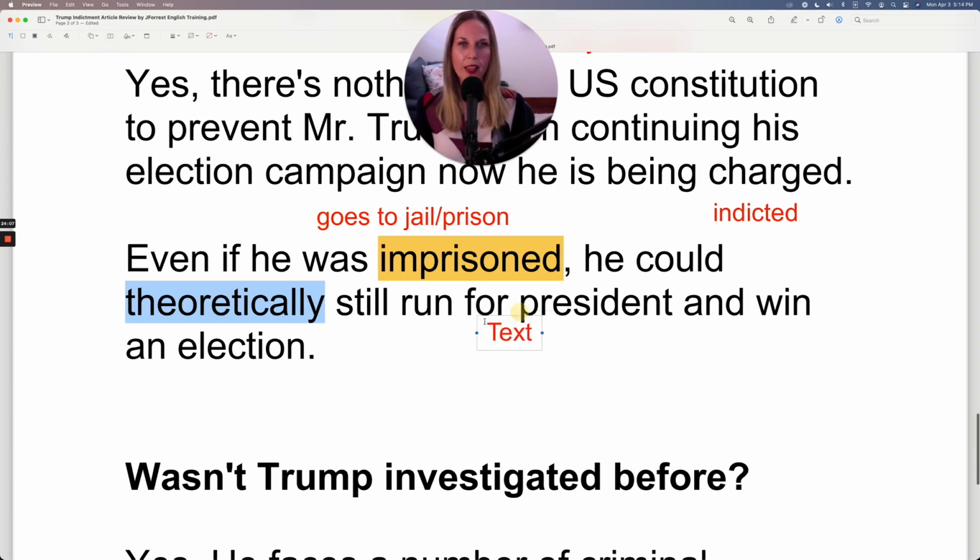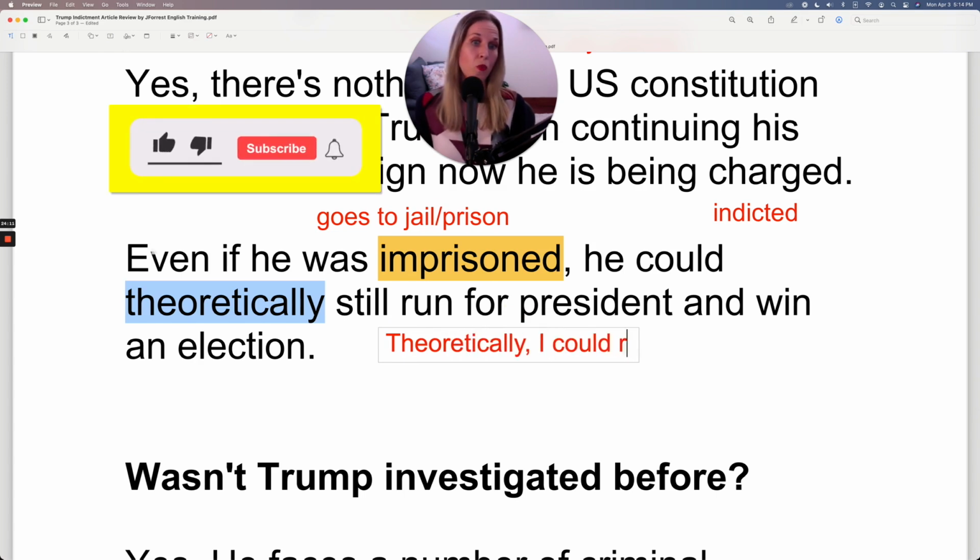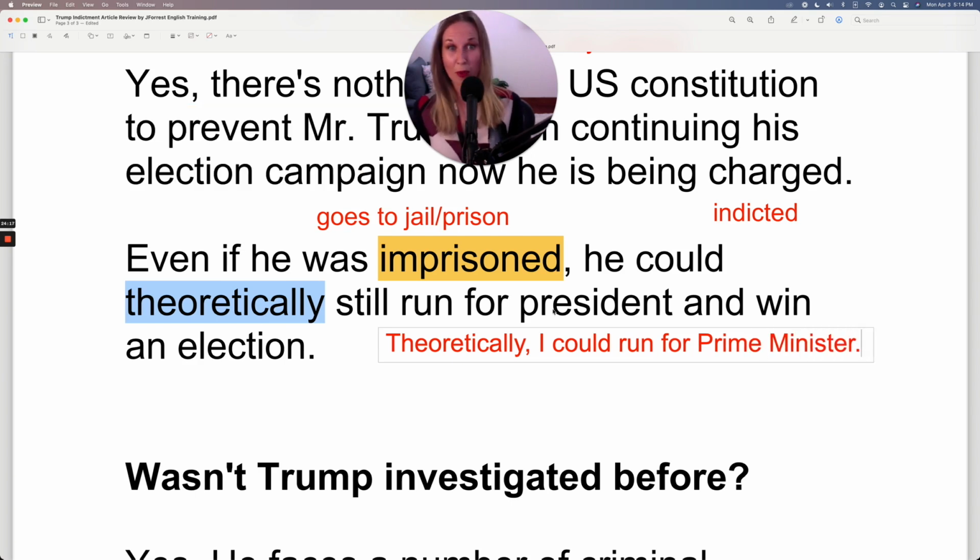So I could say, for example, theoretically, I could run for prime minister. I actually can't run for president because I'm not a US citizen. I'm a Canadian citizen. And our leader is called prime minister. But theoretically, I could run for prime minister.